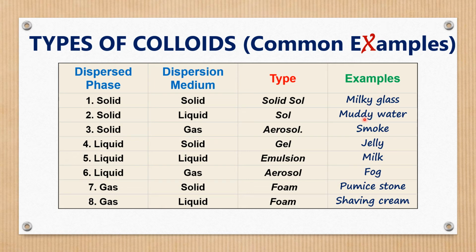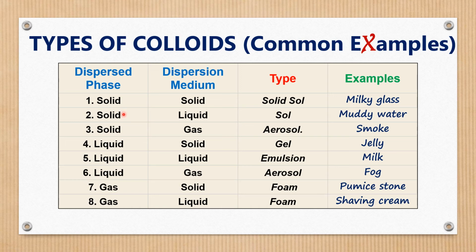The next type is sol. Here the dispersed phase, that means the particles, is solid, and the dispersion medium is liquid. The medium is the major part and the dispersed phase is the minor part.